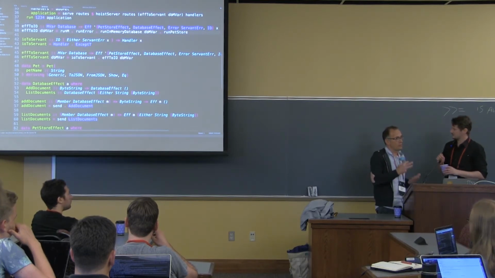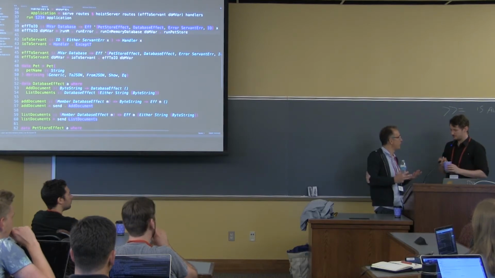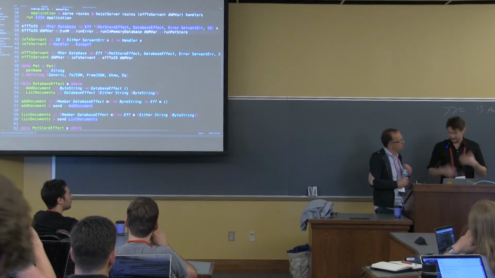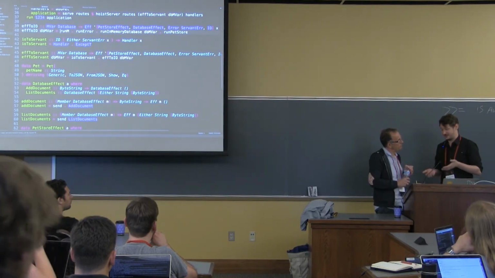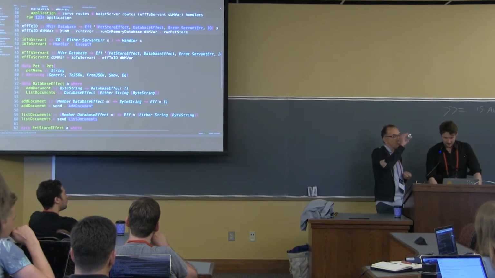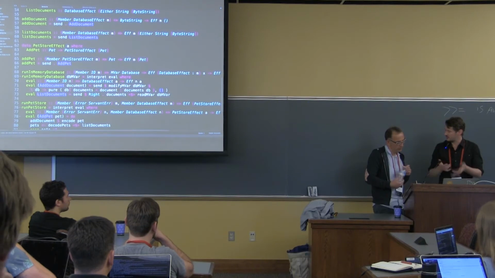Okay, so one thing I'm not sure about. What are the benefits compared to the traditional way, modular transformers, the MTL-style thing? I'm new to Haskell, so I haven't used MTL myself, but what I hear is that one thing that's nice is that you have to worry about order less.